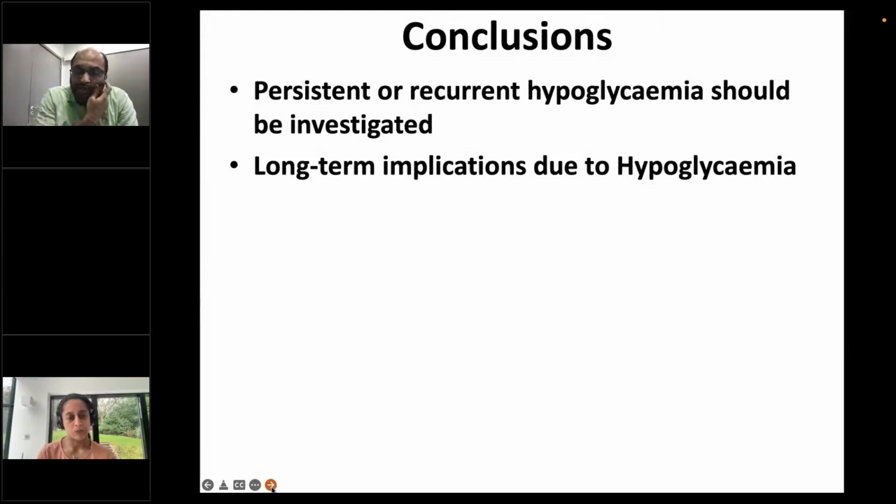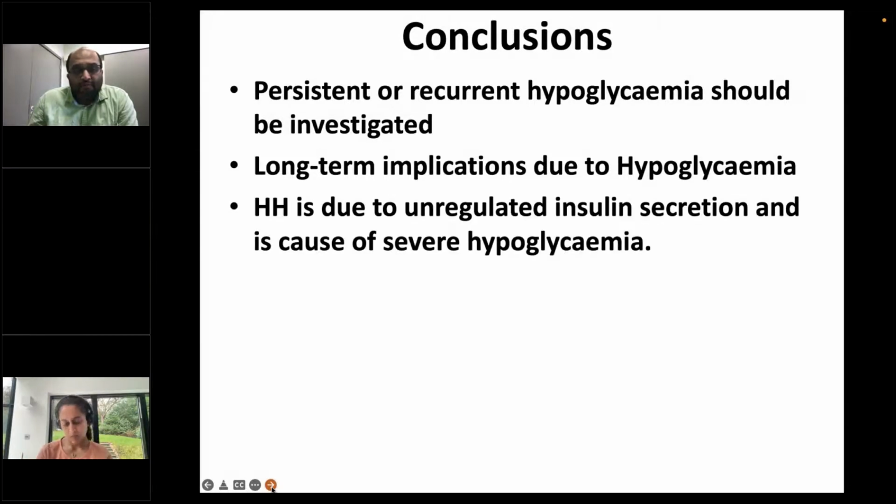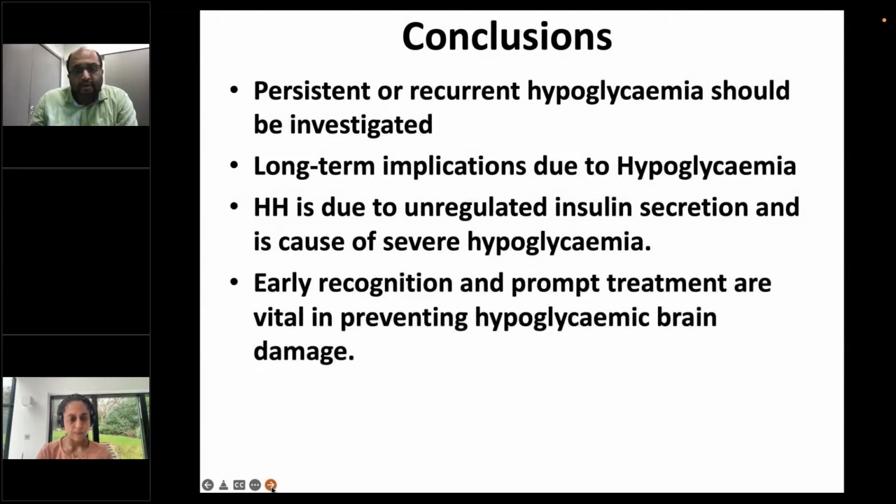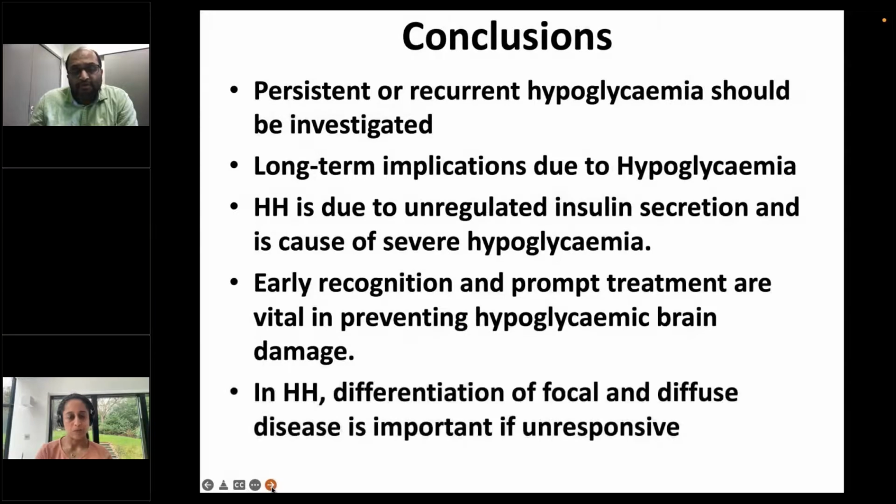We also have to remember that hypoglycemia should be treated promptly, as it will have long-term implications in terms of brain development and neurodevelopmental delay. Hyperinsulinism is due to unregulated insulin secretion, and it's a cause of severe hypoglycemia. It's important to recognize and treat it properly, as it's known to cause brain damage. And in hyperinsulinism, it's very important to differentiate between focal and diffuse, because it helps in deciding further treatment.